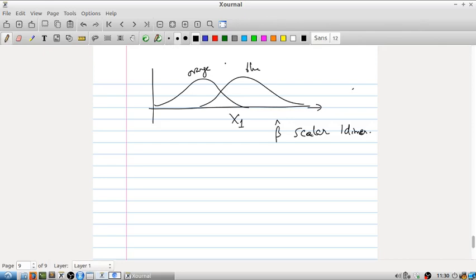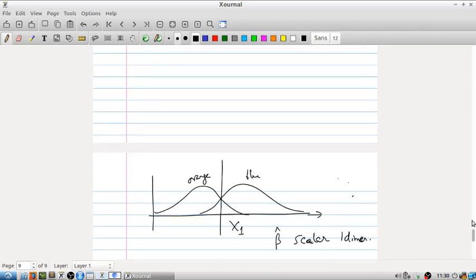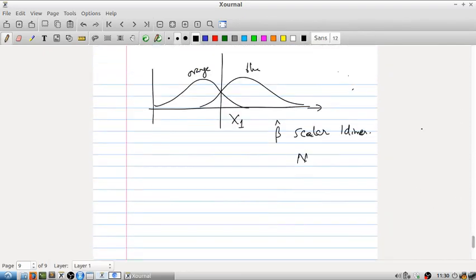Here, in fact, if you have enough training data, n observations, if you have a decent number of them, then your beta hat will be almost over here. Beta is just a scalar, so you can think of it as a point here.